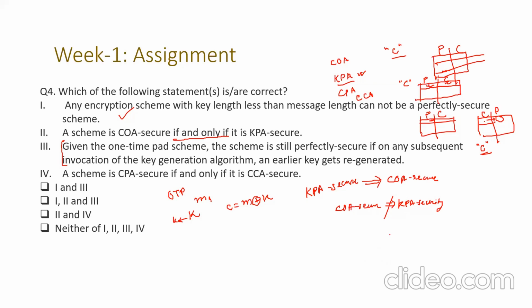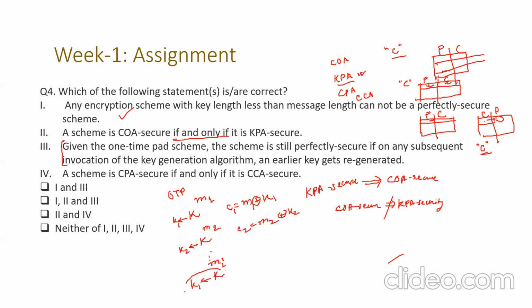When you are doing this encryption the first time, you choose some K1 uniformly at random from the key space K and compute M1 XOR K1 to get the ciphertext. Then you get M2 and you choose again uniformly at random from the key space, and so on. So there may be a case that for some Mi, you get the key K1 again.